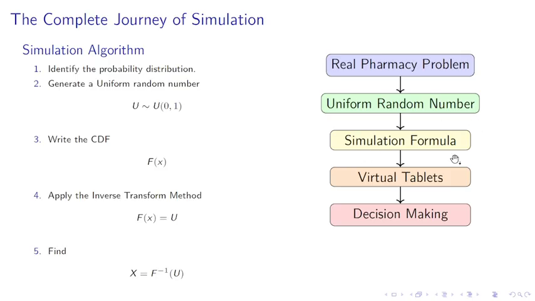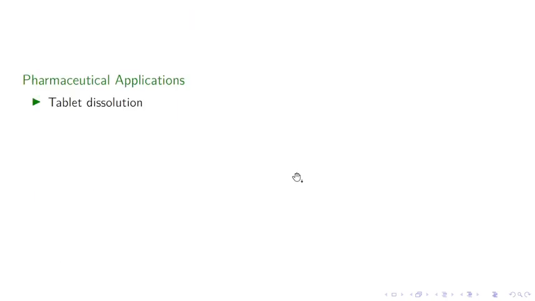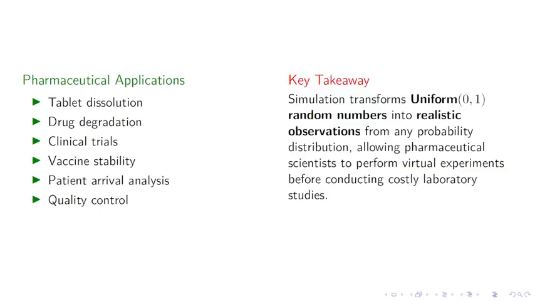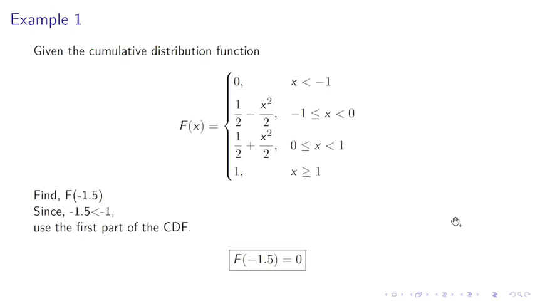Random uniform number, simulation formula, virtual tablets, decision making. We have already discussed this. It is very useful in tablet dissolution, drug degradation, clinical trials, vaccine stability, patient arrival analysis, quality control. Our key takeaway is that simulation transforms uniform random numbers into realistic observations from any probability distribution, allowing pharmaceutical scientists to perform virtual experiments before conducting costly laboratory studies.